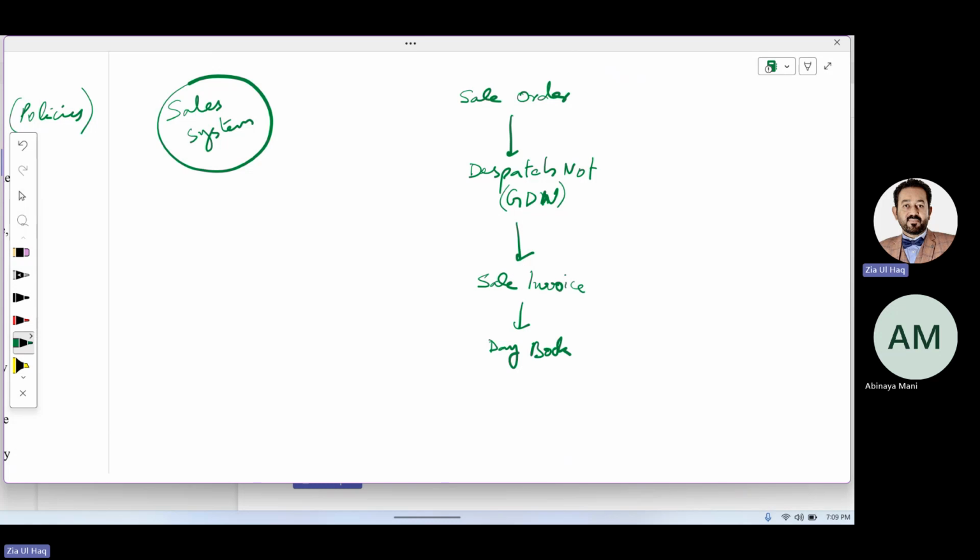What is the accounting entry of sale? Debit receivable, credit sales. Through the accounting entry, the company will update the ledgers: the receivable ledger as well as the sales ledger, called the sale account.